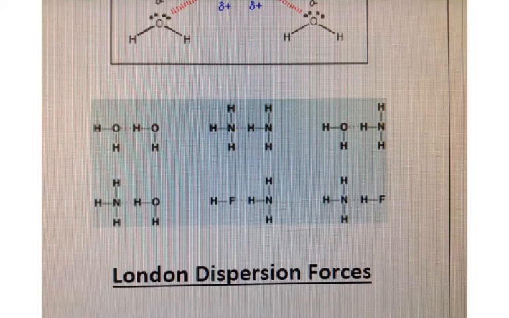All right, what I want you to note on this one is that hydrogen bonds can exist between any type of molecule as long as your hydrogen is always bonded to either your F, your O, or your N. So in particular, let's look at this one over here. The hydrogen is attached to a nitrogen in this case, but the hydrogen on the right is attached to a fluorine.